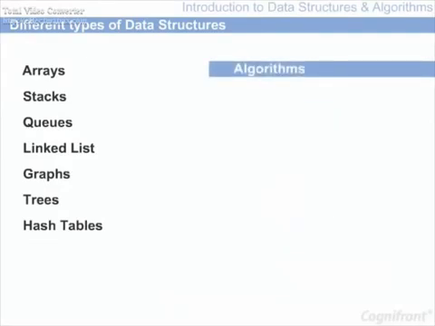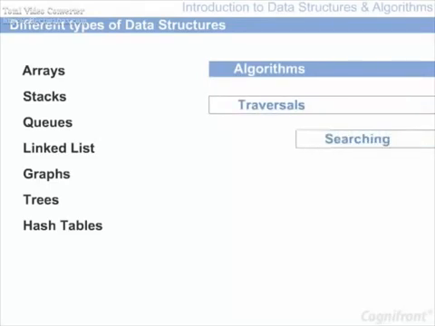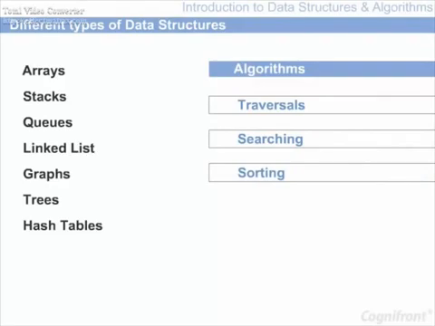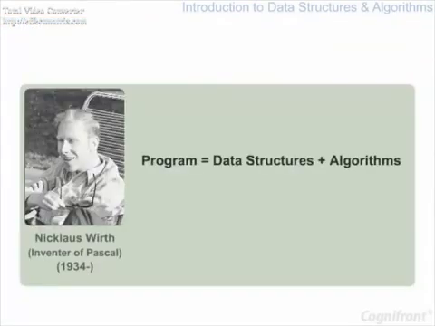These data structures have their own algorithms like traversals, searching, and sorting. Nicholas Wirth once said, program equals data structures plus algorithms.